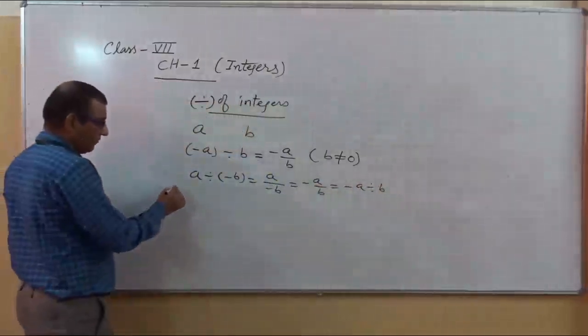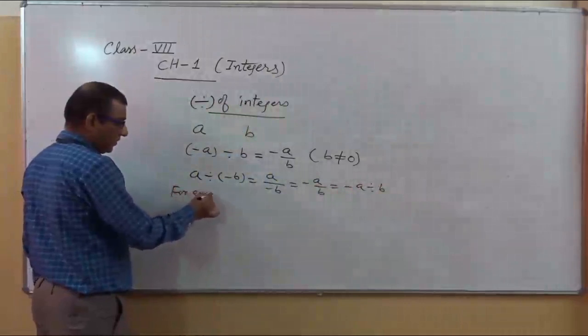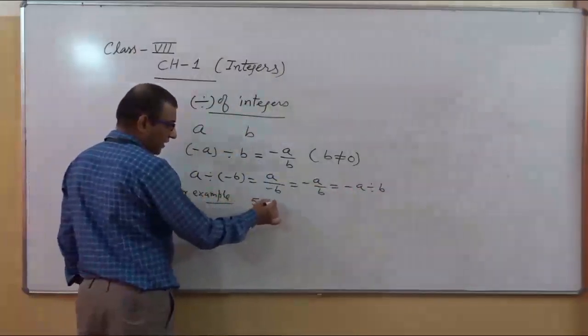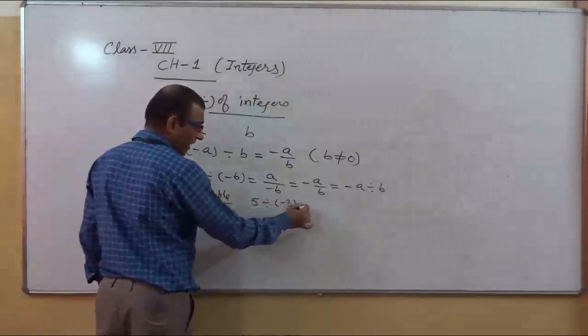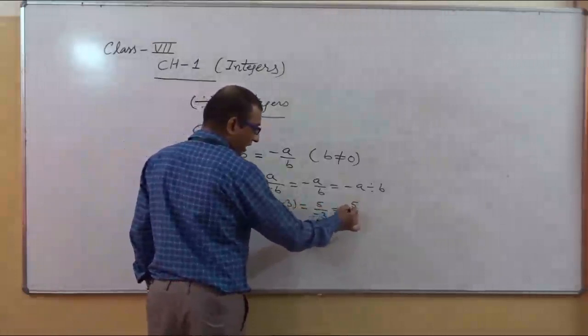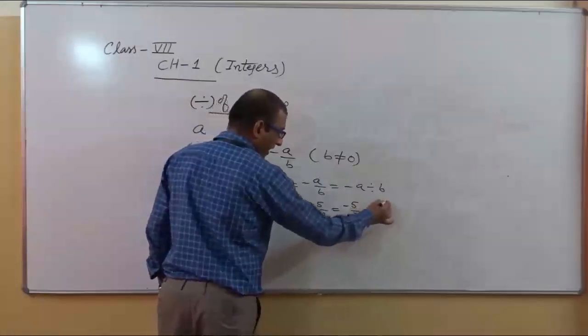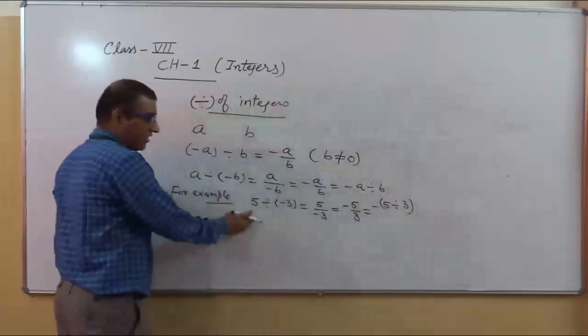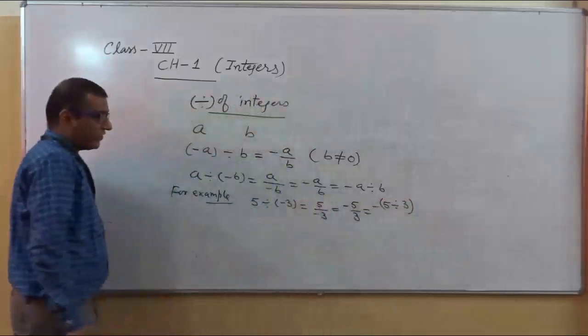For example, if I want to divide 5 by minus 3, it can be written as 5 upon minus 3, or minus 5 upon 3, or minus 5 divided by 3. So all these are equal to each other.